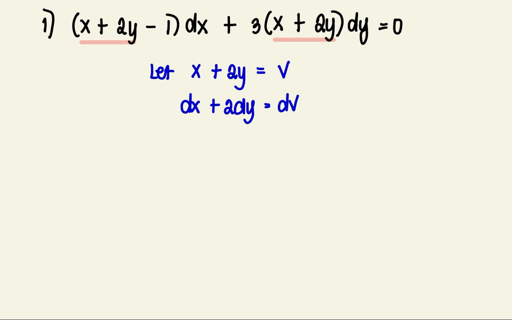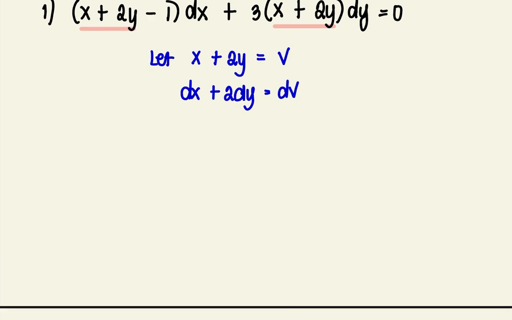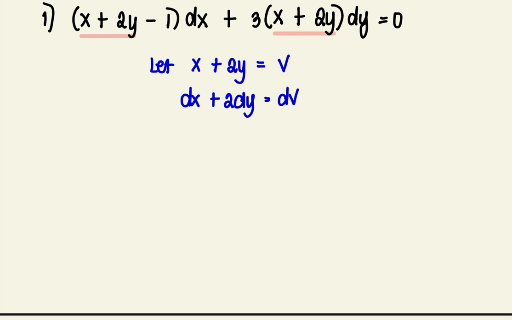Then you decide whether to express dy in terms of dx and dv, or dx in terms of dy and dv. It's up to you to decide, but either way it will give you the same answer. It's much easier if we express dx in terms of dy and dv. So dx is equal to dv minus 2 dy.